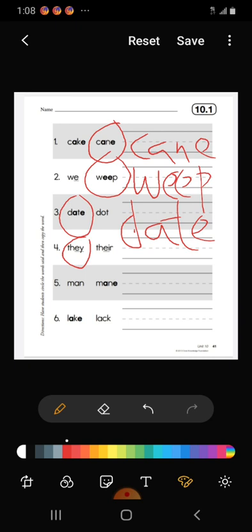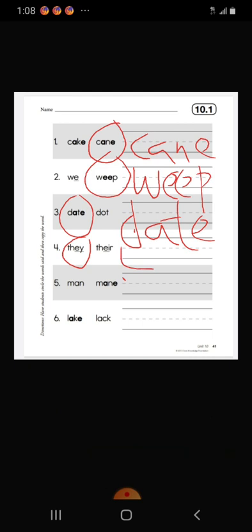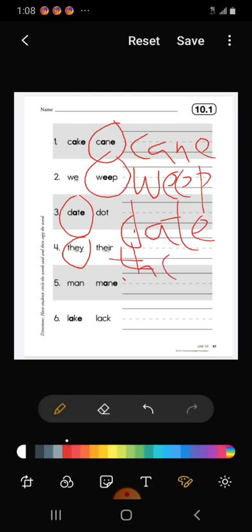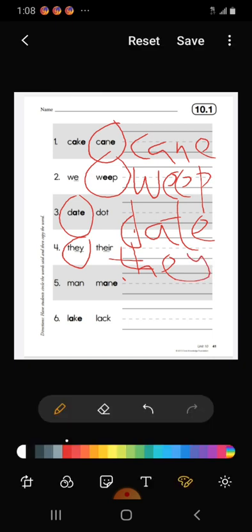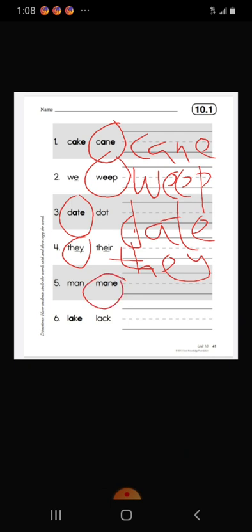Let's write our day out. D, sorry, E, E. That's our day. Okay, the next is mane and main. We'll circle our mane.